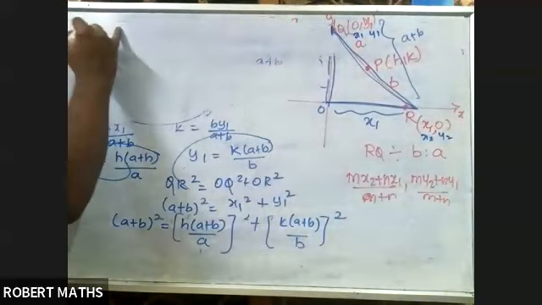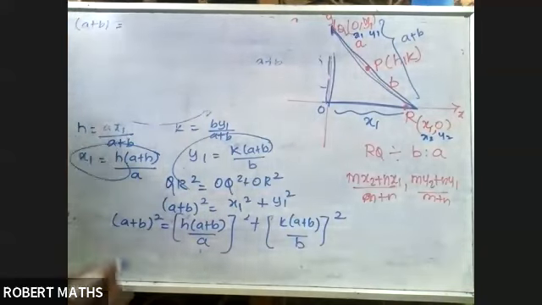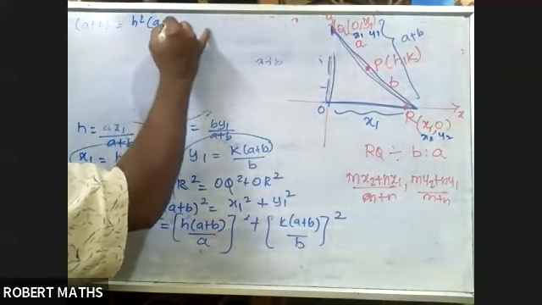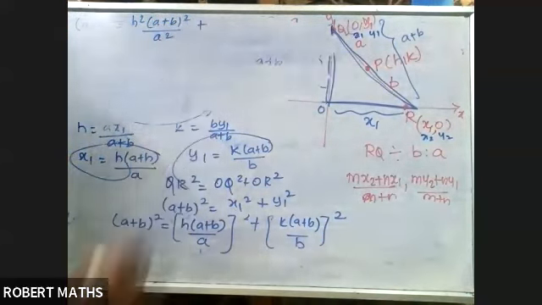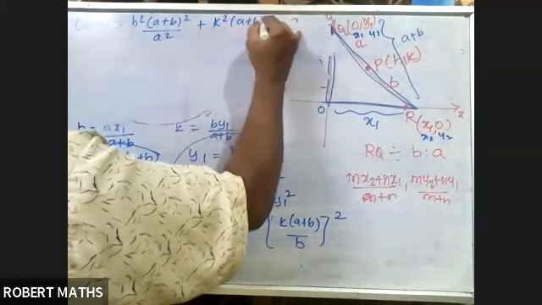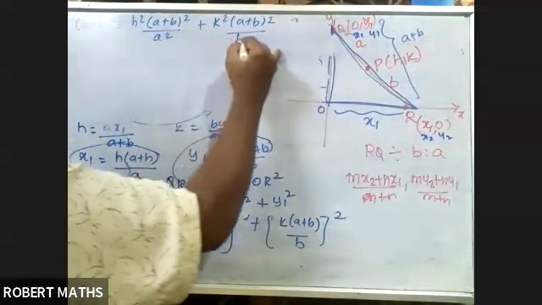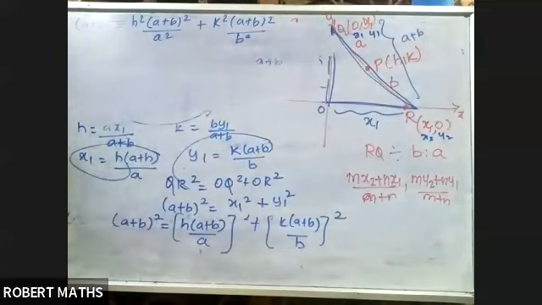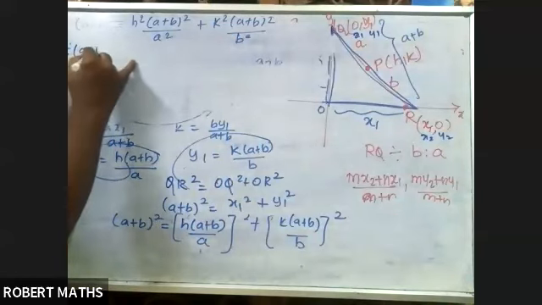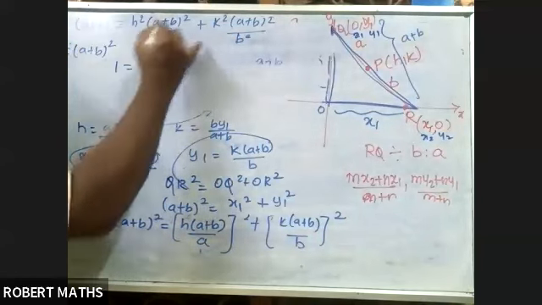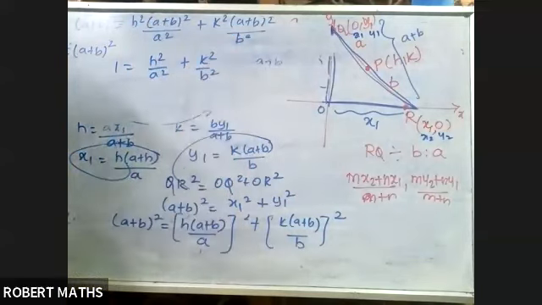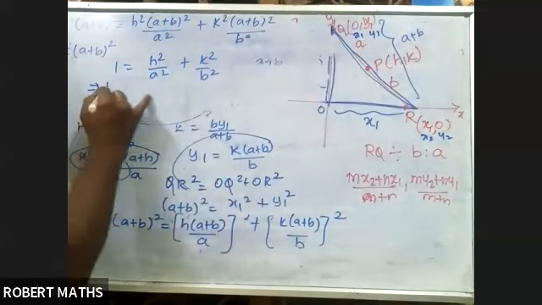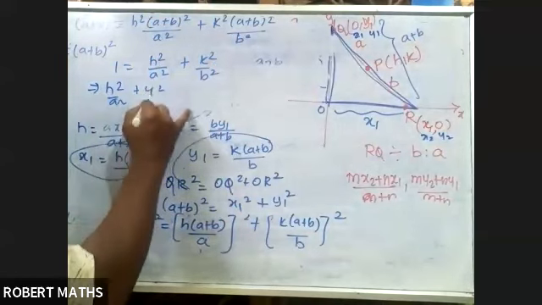So (a plus b) the whole square equals h square into (a plus b) the whole square divided by a square, plus k square into (a plus b) the whole square divided by b square. Look at the equation: in every term we have (a plus b) the whole square. Dividing throughout by (a plus b) the whole square, I'll get 1. Here we'll get h square by a square plus k square by b square equals 1. You can also write this as x square by a square plus y square by b square equals 1.